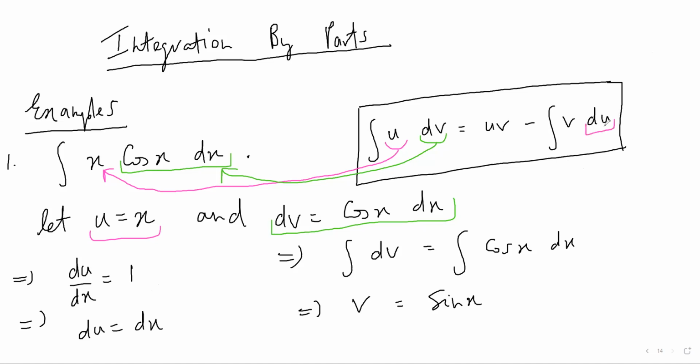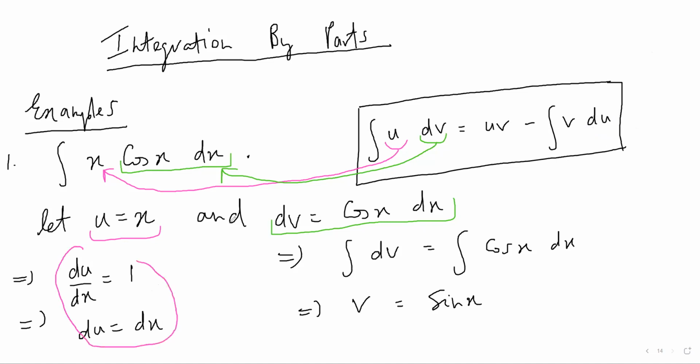So we need to know what this du is in terms of x. We've got u in terms of x because u is equal to x, but what is du in terms of x? That's what we need to find. That's why we do this calculation here.